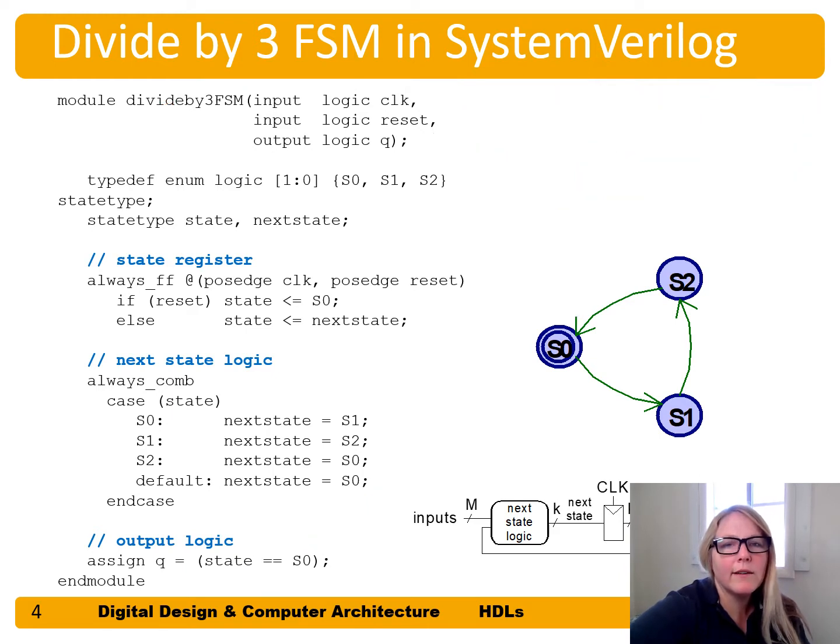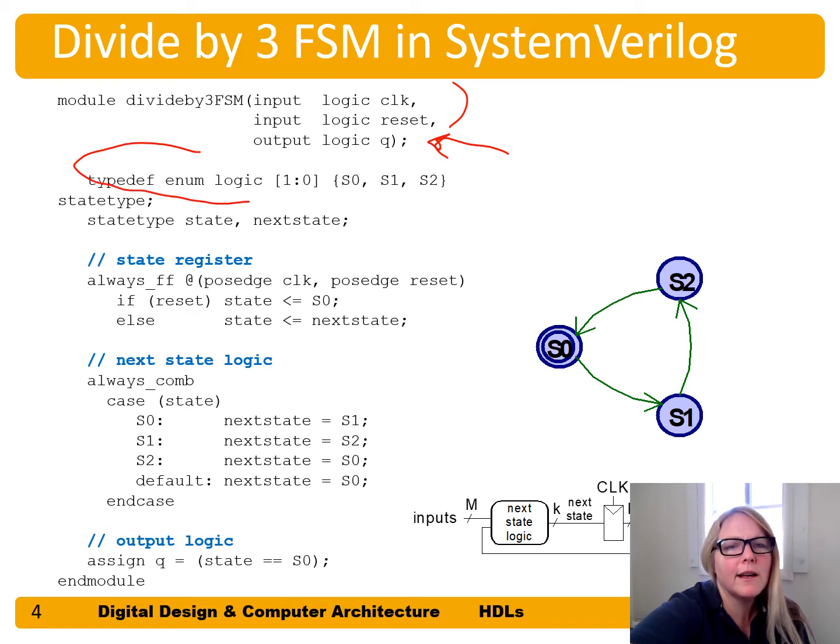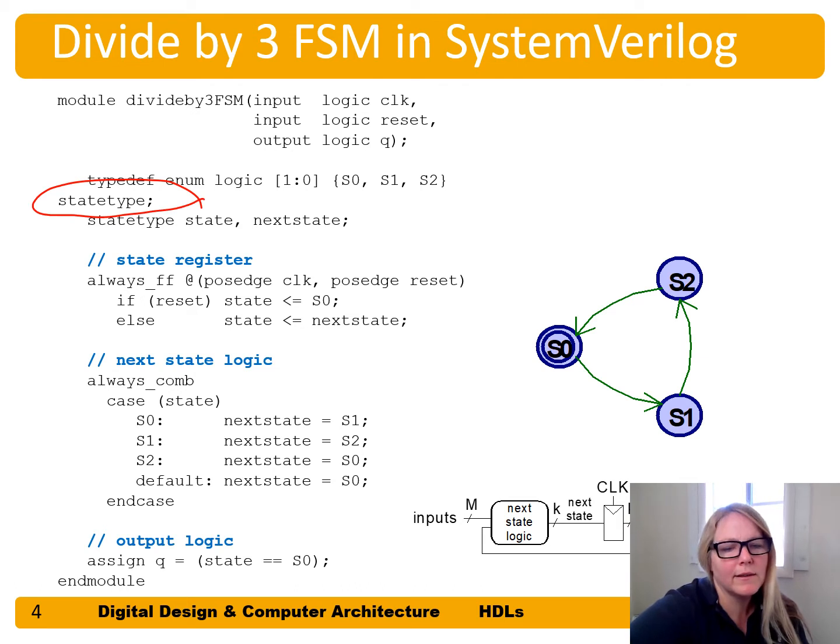Okay, so we have here our inputs, clock and reset, our output Q, and now we're going to define our state type. We're going to say typedef, so define this type, logic, a 2-bit signal, and we're going to define them as S0, S1, S2, and that new type that we're defining is called state type.